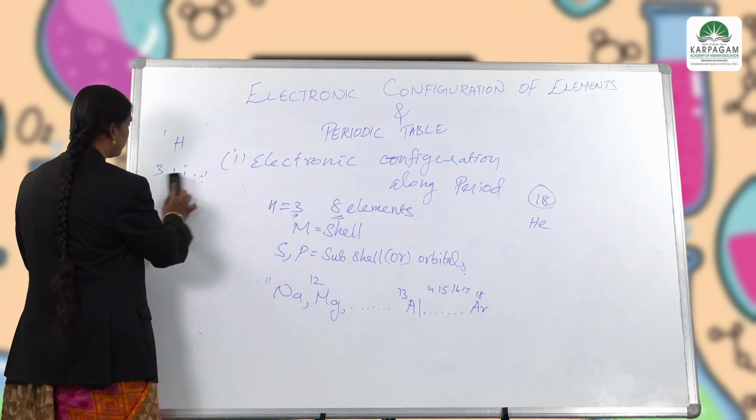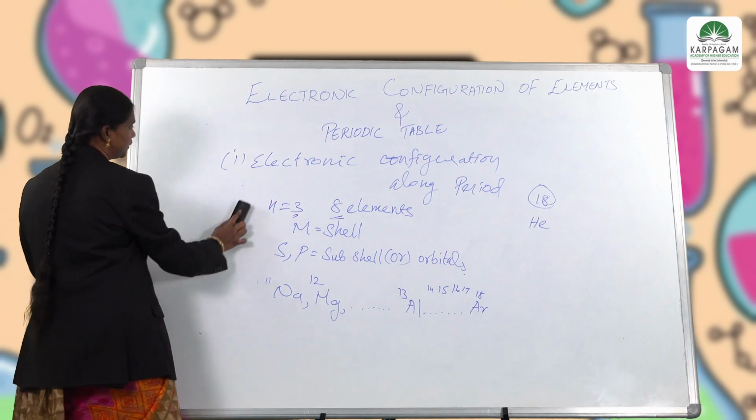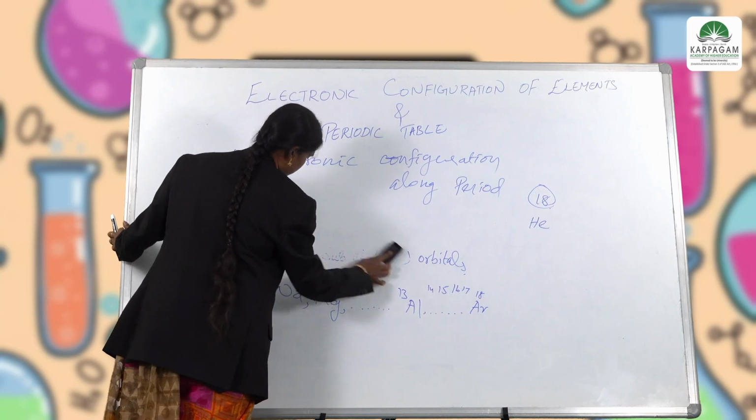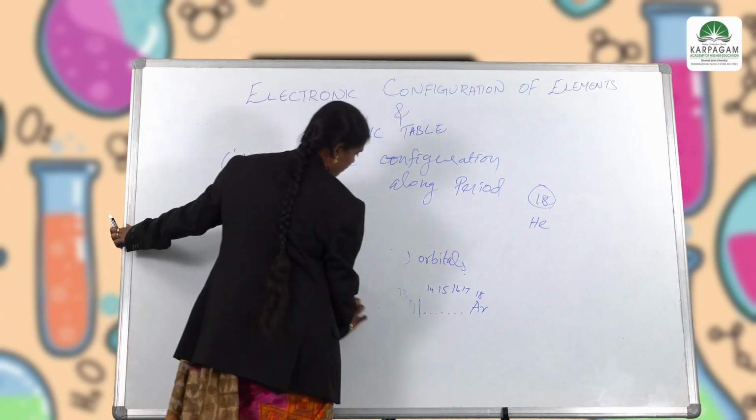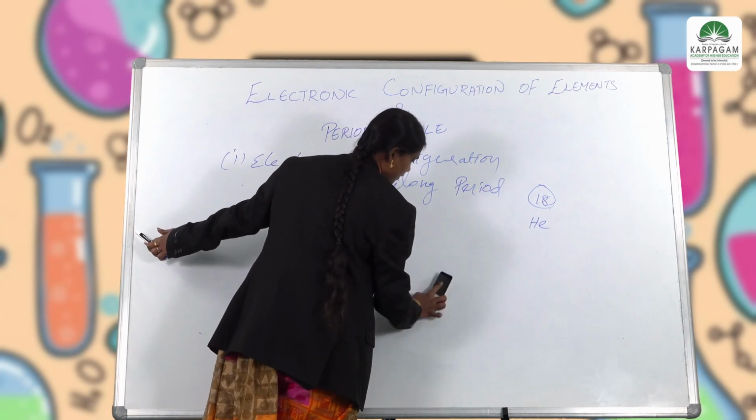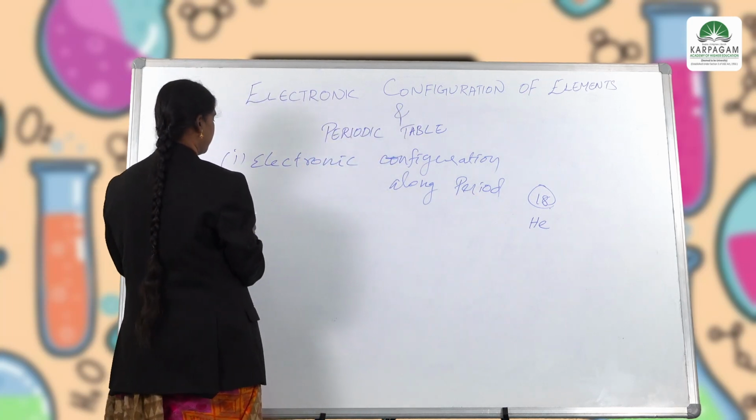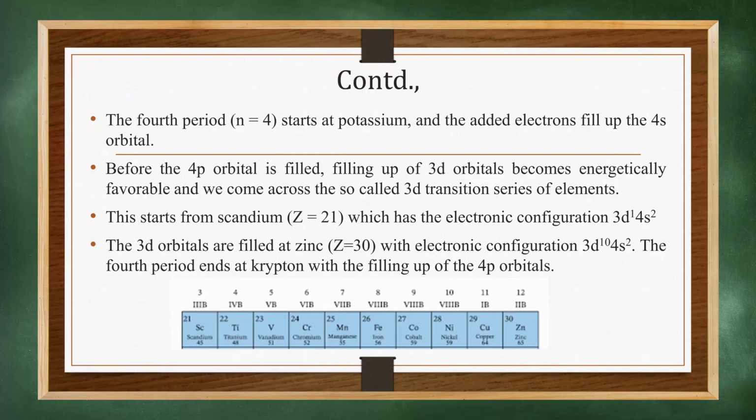And we come to the 4th period. N equal to 4 means the 4th period.